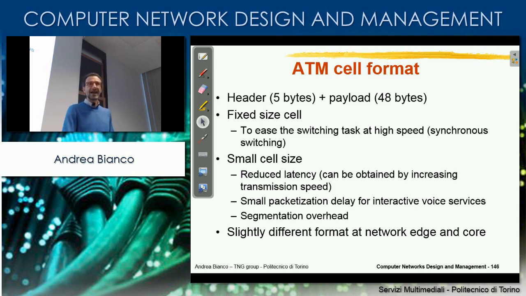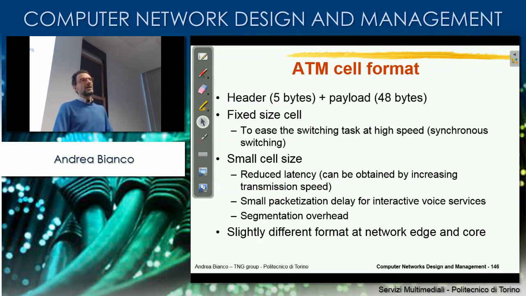And at that time, we are talking about the early 90s, when the broadband ISDN standardization process started. It ended about 10 years later, so the last decade of the century.